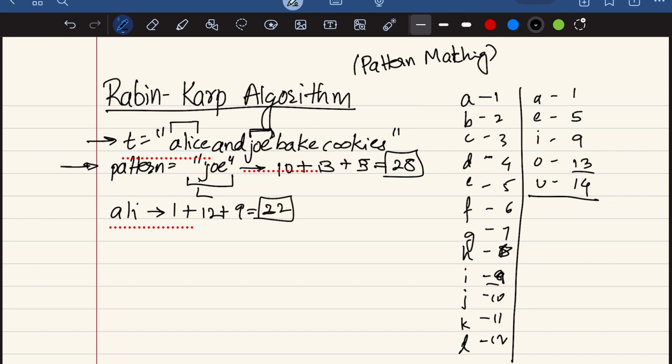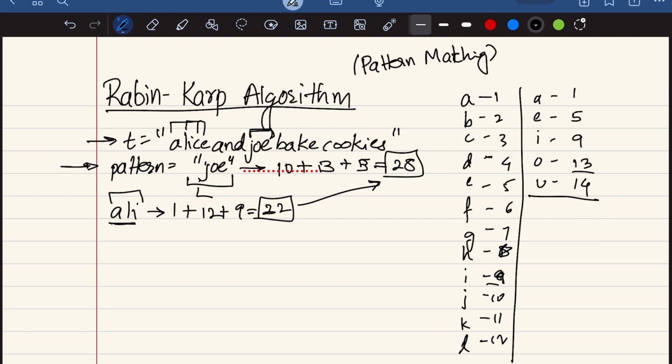Because the length of the pattern is 3, we take a window of 3. We compare this 22 with 28. It doesn't match, so we know that the pattern doesn't exist here, and we don't have to check anything else. That's how we find whether the pattern is in the original text. So we just move ahead.